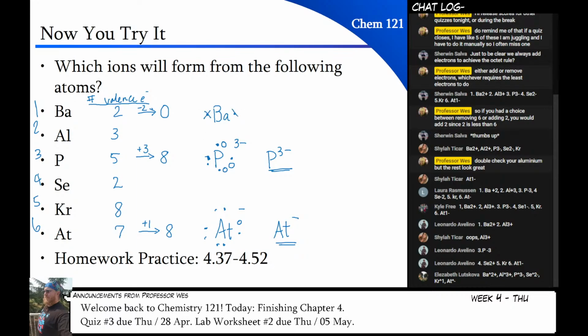I would get rid of those. And there's my ion. Same thing for aluminum. We'll get rid of its 3 electrons here. Just cross them out. I should underline my answer there. There we go.